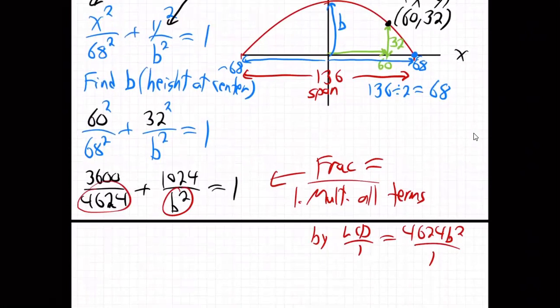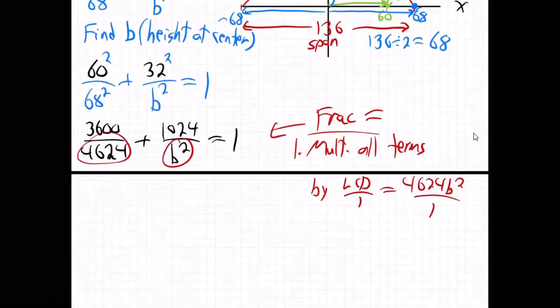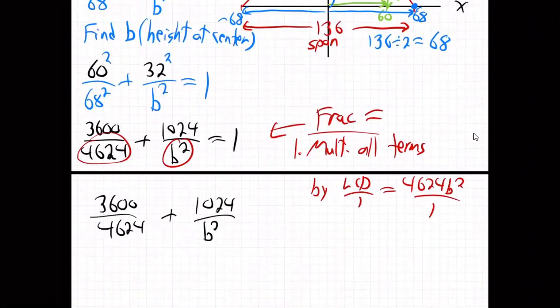All right. So let me bring that down and try to do that neatly and cleanly because it can get a little bit messy. 3,600 over 4624 plus 1024 over b squared equals 1. I'm going to multiply through by what? 4624b squared over 1. Same thing here, 4624b squared over 1.